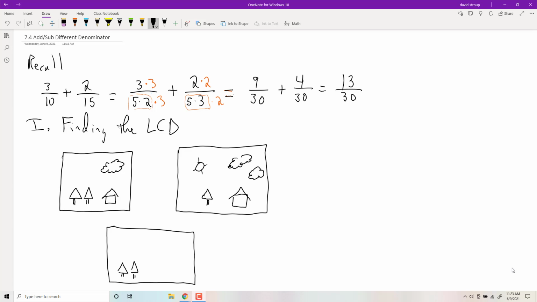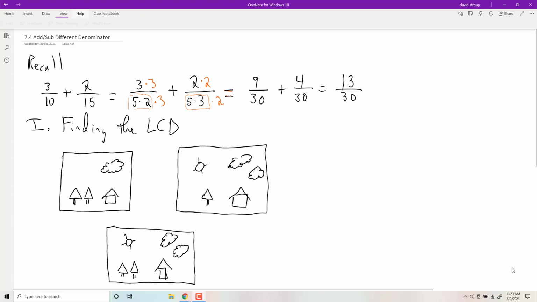There's 1 tree, 2 trees, and then we need a house, and then we're going to need 2 clouds because the picture on the right has 2 clouds in it, and then we need a sun. That thing I've just drawn there is visually what the least common denominator is.